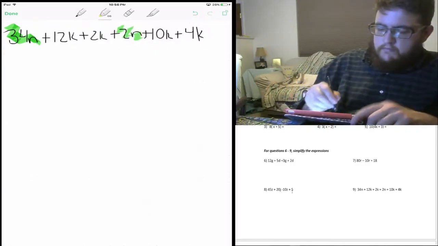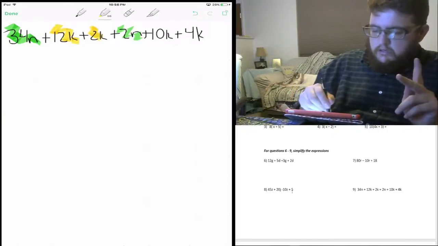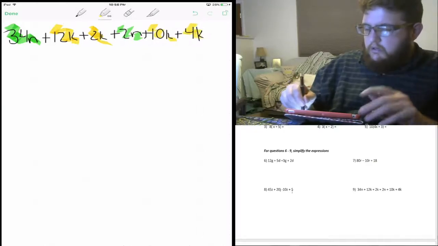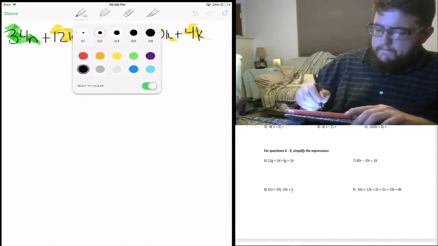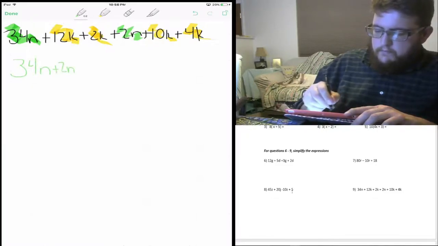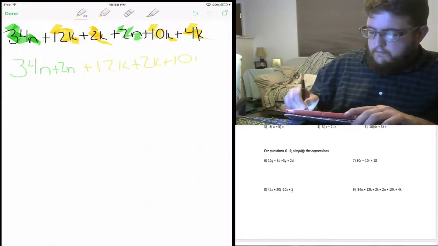Alright, so now let's go through and find all the k's. We've got 12k and 2k, 2n is not a k, 10k and 4k. Alright, so now let's rewrite this so our like terms are next to each other. 34n plus 2n, and then 12k plus 2k plus 10k plus 4k.